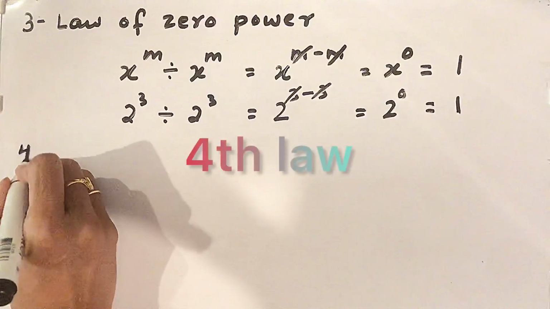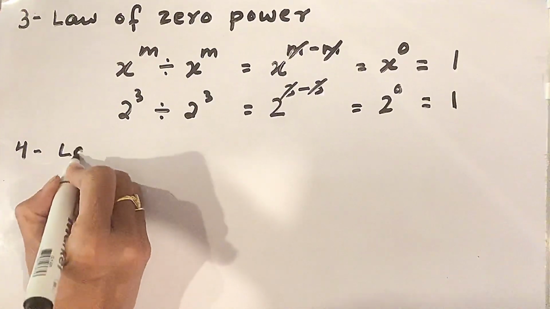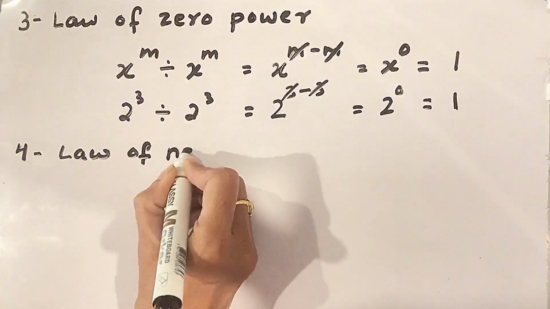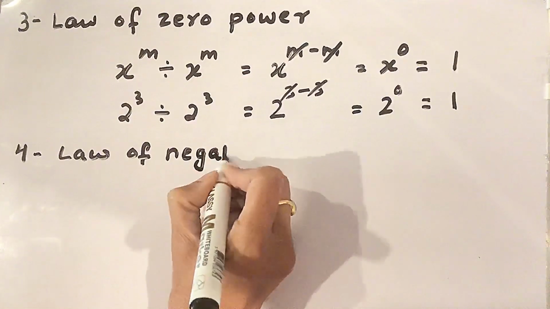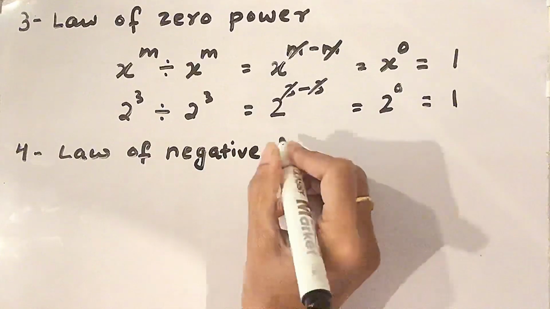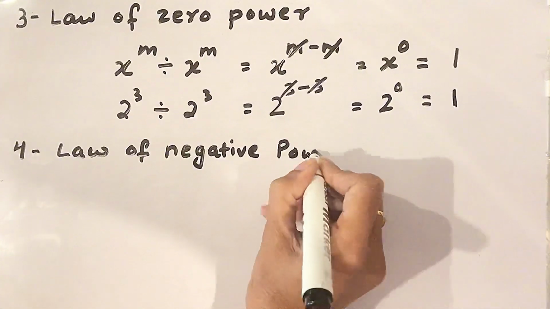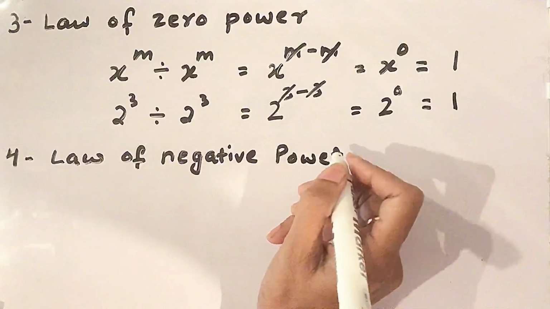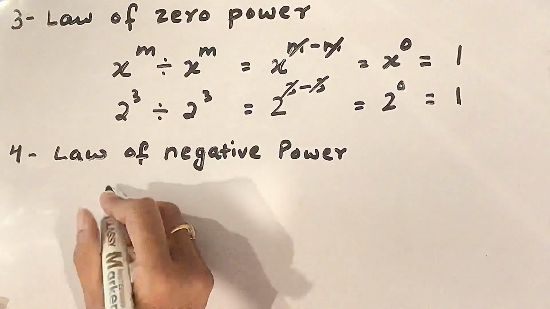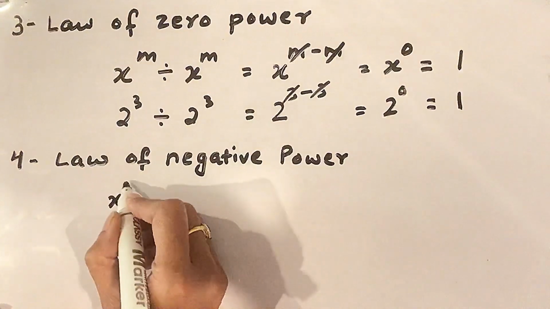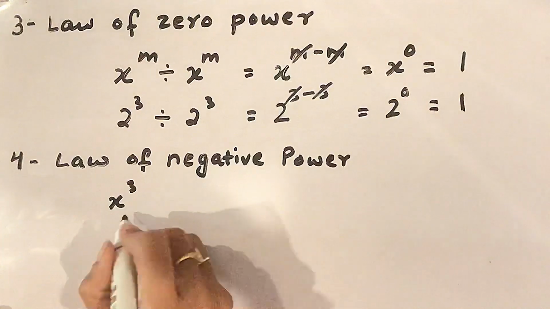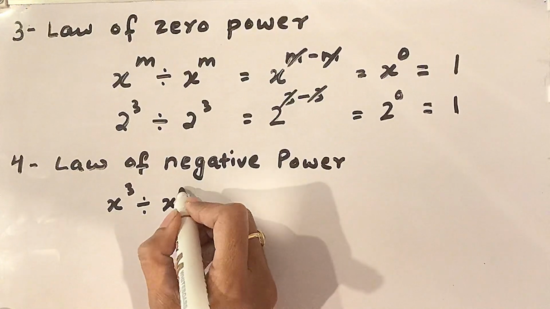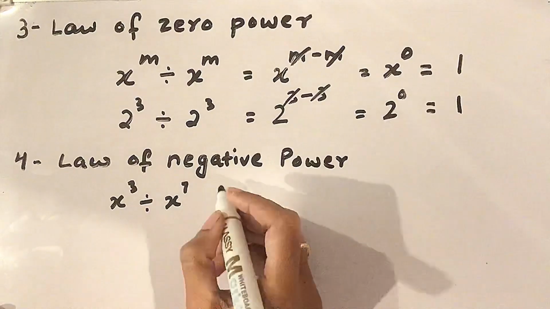Next, law of negative power. For example, we have base x cube divided by x raised to the power 7.